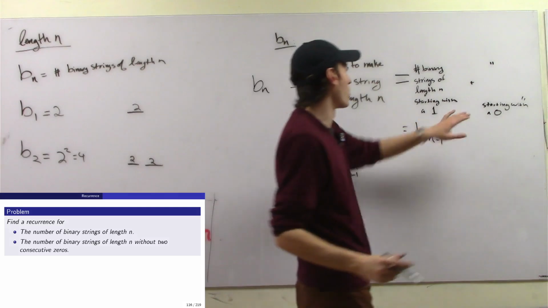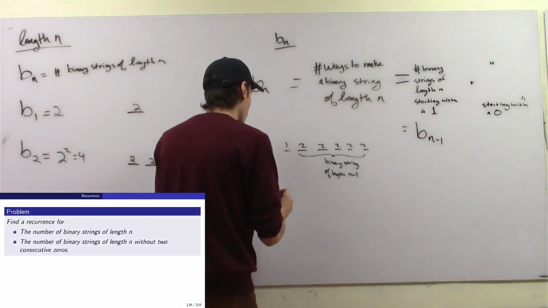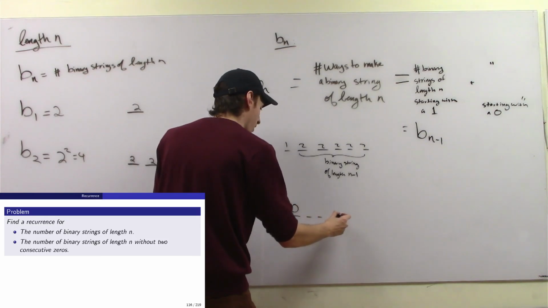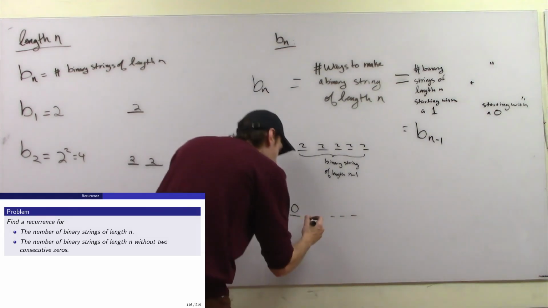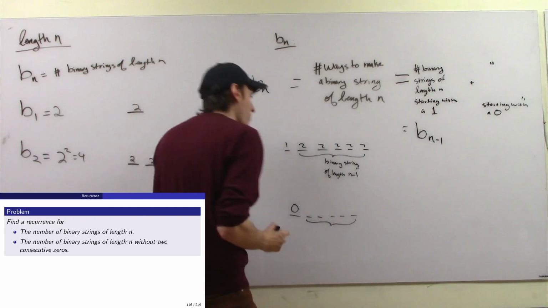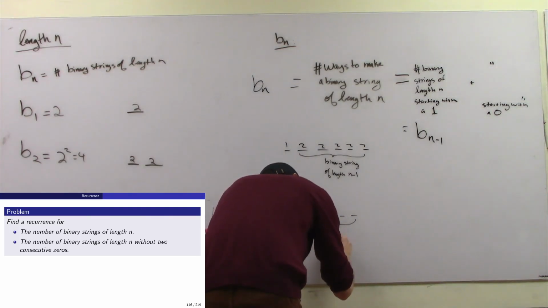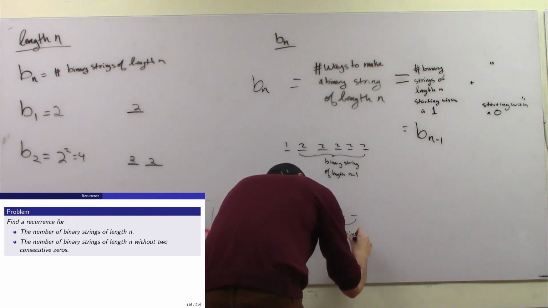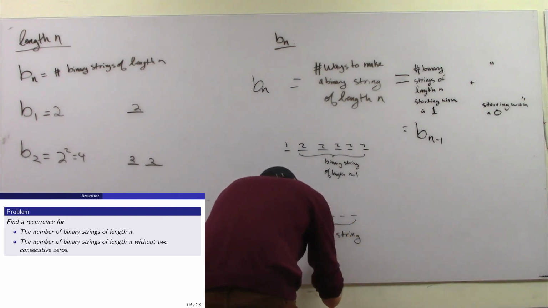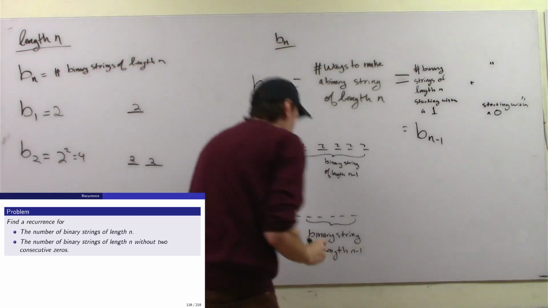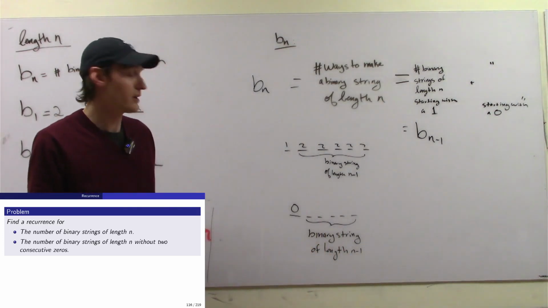Now let's figure out all the binary strings that start with a 0. So I know I have a 0 out front, and I have a bunch of things that follow, but again, this is just a binary string of length n minus 1. Okay?